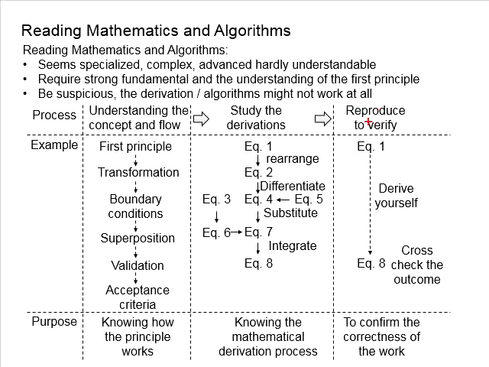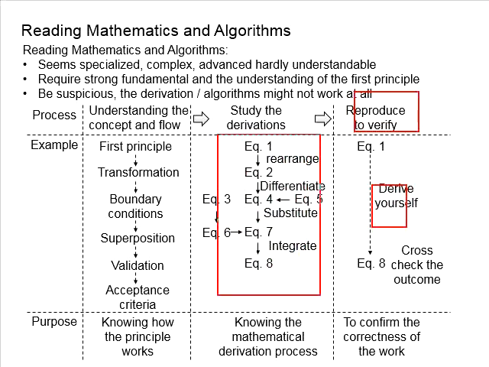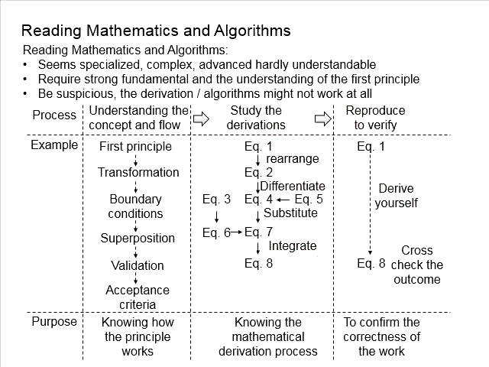With that, you may try to reproduce and derive yourself in accordance to the flow given by the author. The purpose is to confirm the correctness of the work, and in the case of having a new idea to achieve a similar outcome, where you would like to test your idea, you may incorporate your own derivations using the data given by the authors in order to check whether your idea is workable.